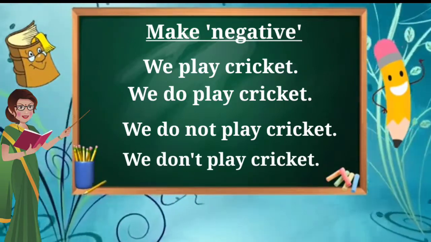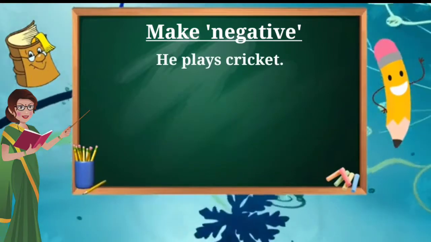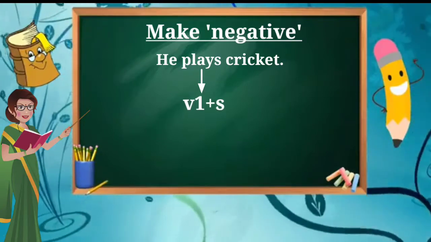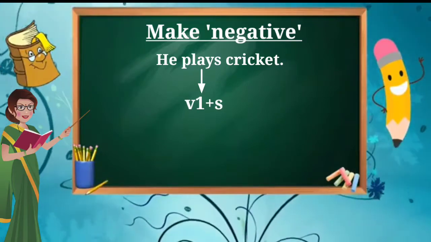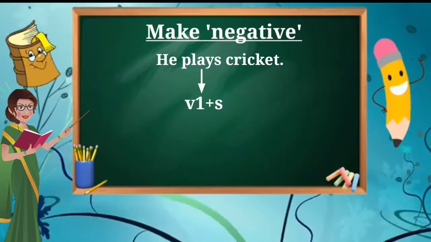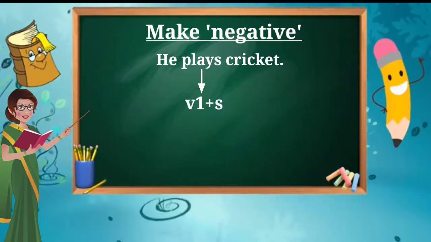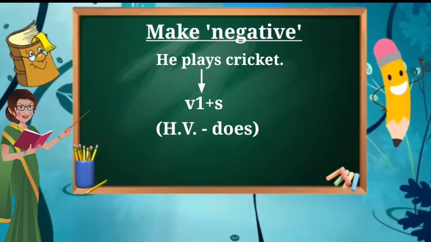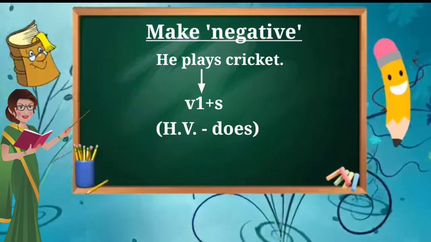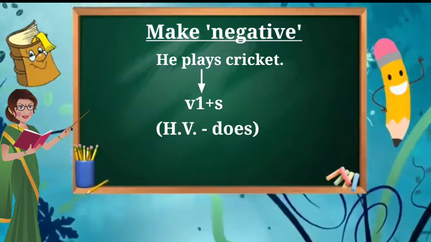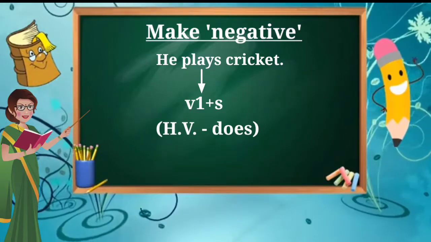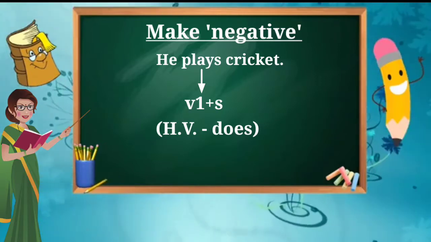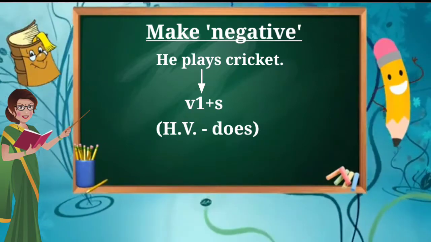Clear? Okay. The next, he plays cricket. Here we got V1 plus S form, but not the V1 form, isn't it? Yes. So we can't use do as its helping verb, but we can use does. Remember, if you get V1 form, we use do helping verb. But if we get V1 plus S, ES or IES form, we use does as its helping verb.